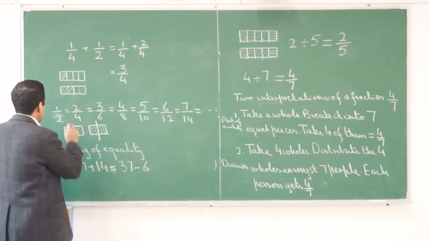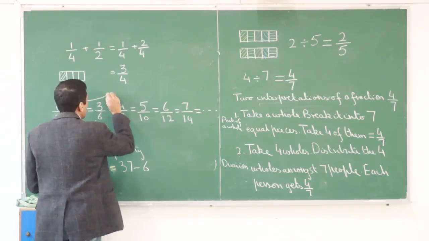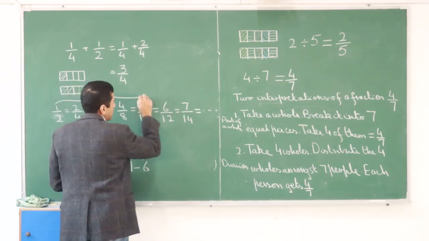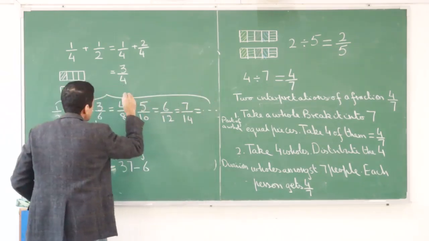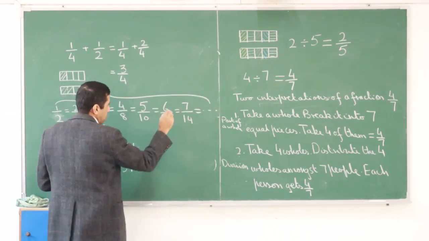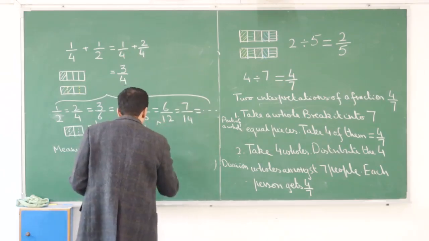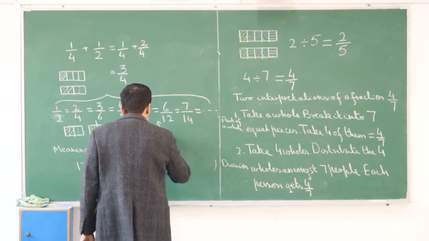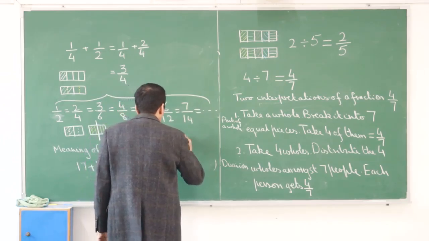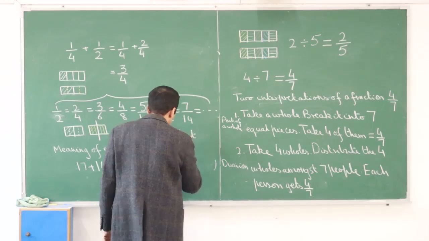So this is how you should think about equivalent fractions. They call them equivalent fractions maybe for historical reasons. Equivalent is a formal name, but they are not equivalent in terms of a calculation or something.